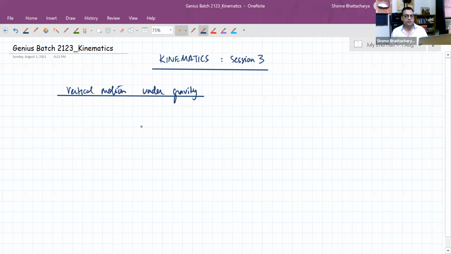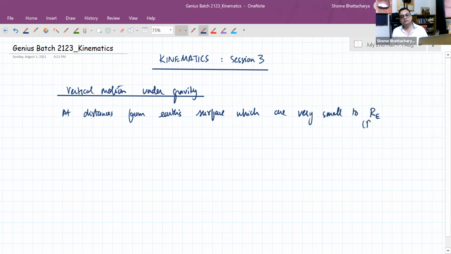When we are talking about vertical motion or even projectile motion in the next section, what we will be assuming is that we are at distances which are very small compared to the radius of earth. The distance might be pretty large, like 100 kilometers from the earth's surface, but compared to the radius of the earth, about 6,400 kilometers, 100 kilometers is still very small.